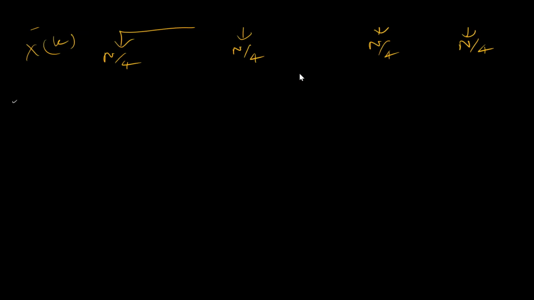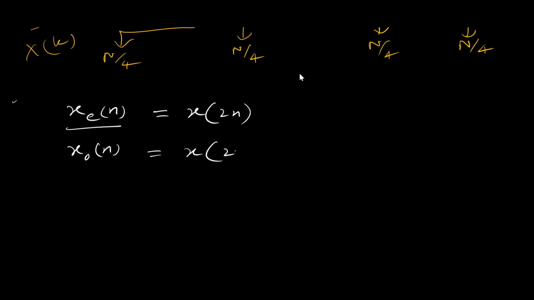So let us represent the even indexed values with this notation x of e(n), that is even sequence, and this can be further written as x(2n), an even multiple of n. Likewise, for odd sequence we can write x(2n+1).